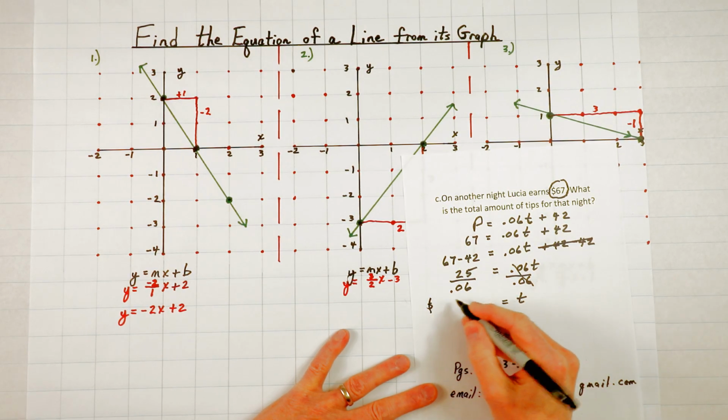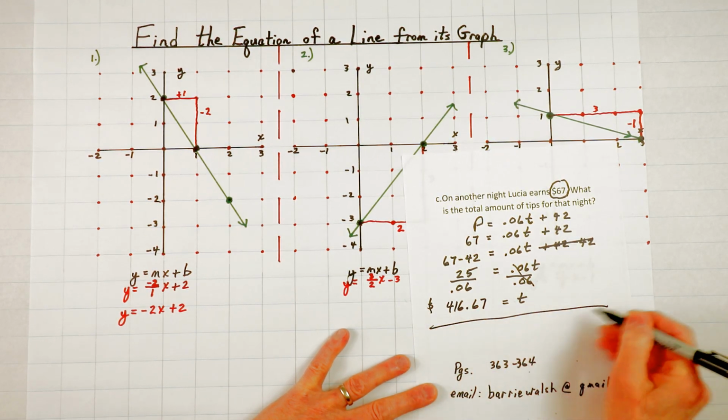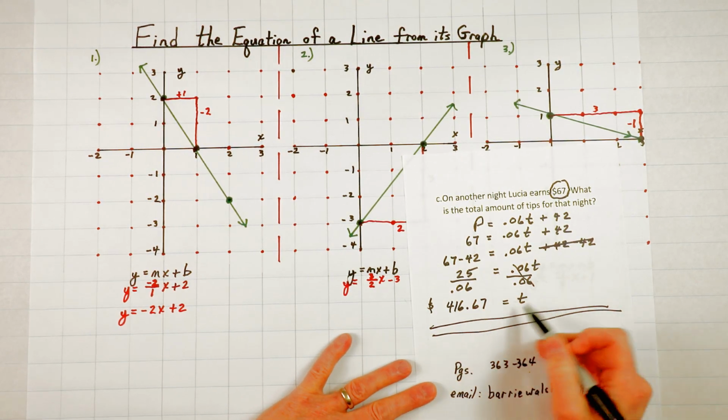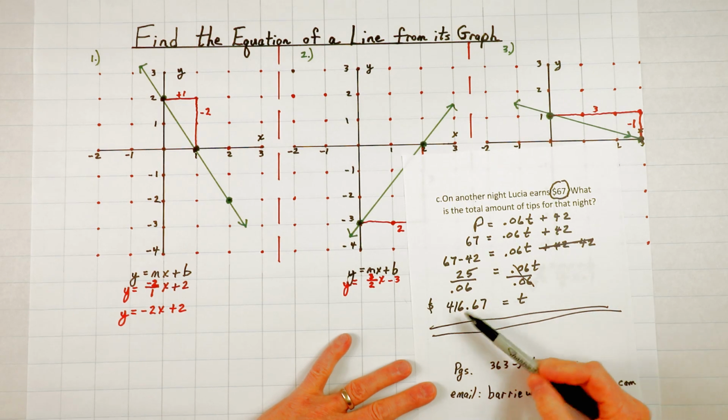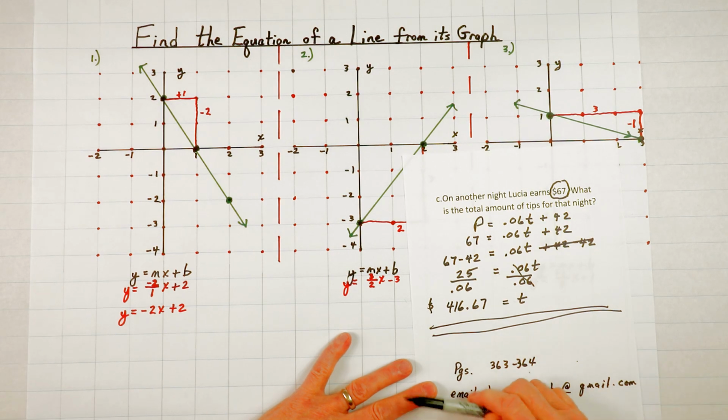And I did work this out earlier. This works out to $416.67. So the total tips on this particular night would be $416.67. And Lucia would get 6% of that.